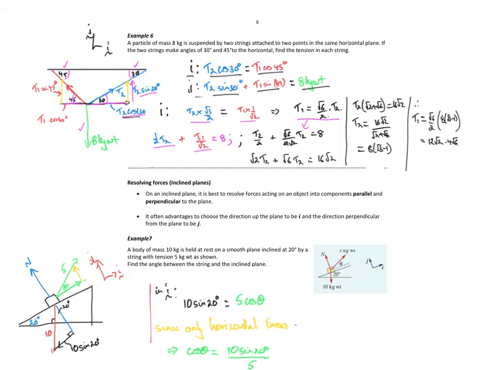So I've got an equation purely in T2. In reality, for this example, the surds are messy. Obviously, you could get a common denominator and multiply everything by 2 root 2 to end up with a root 2 on T2, 2 root 6, 16 root 2, group our terms together, and we end up with an 8 times root 3 minus 1.